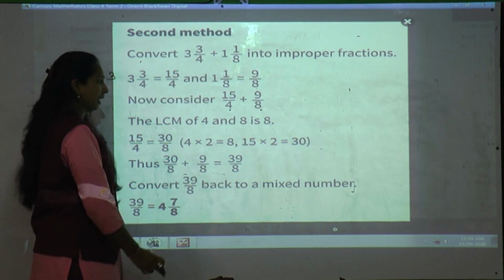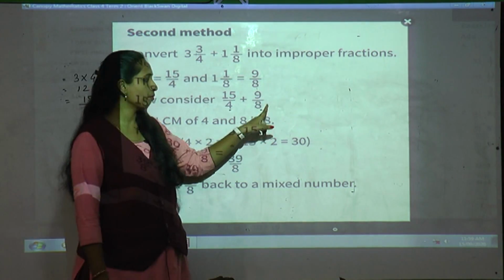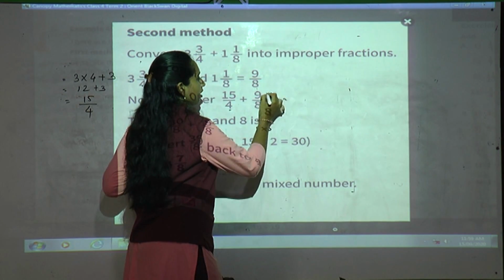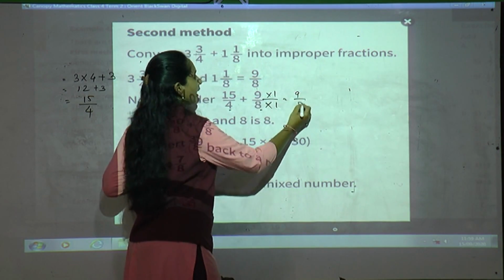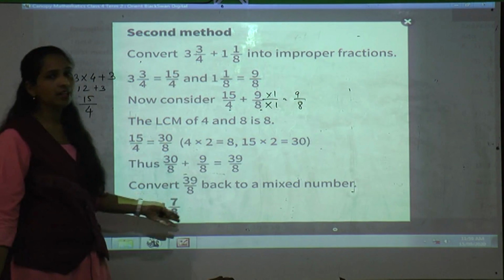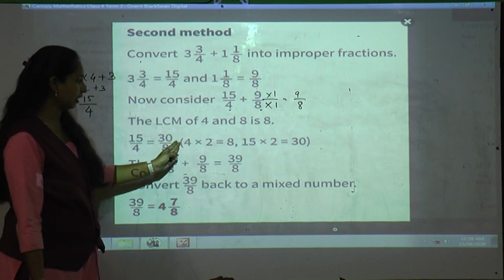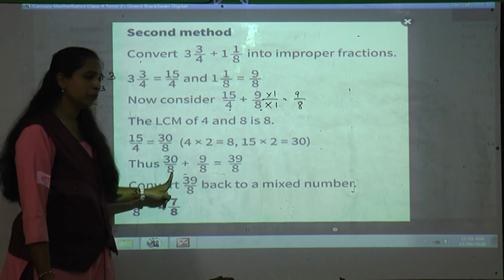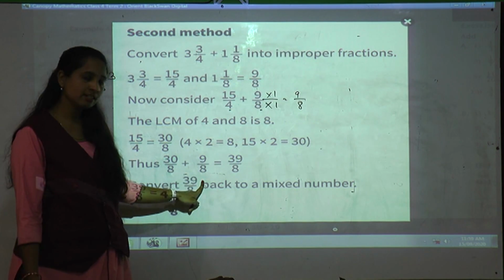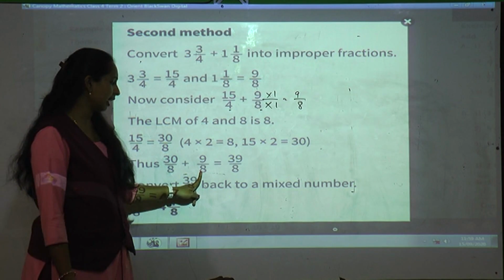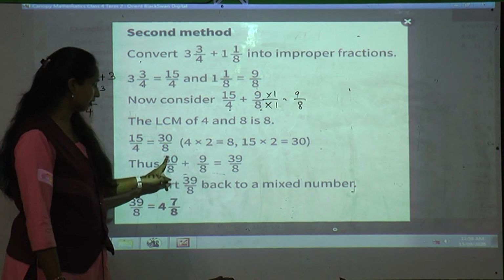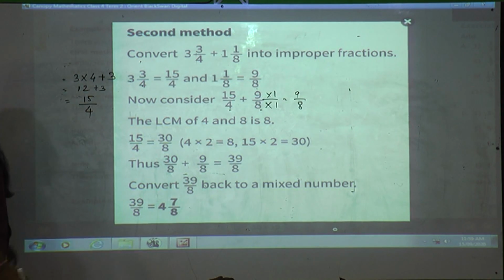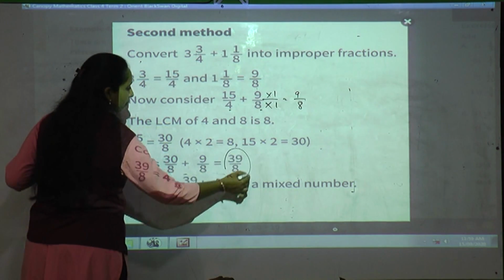So when you multiply, for the denominator we multiply with 1 only. So we get here 9 1s are 9, 8 1s are 8, that is 9 upon 8 only. So again they have not solved that step. So together we can add now, because the denominators are the same, 8 and 8, so write it only once, and 30 plus 9 is 39. Now we got this improper fraction.